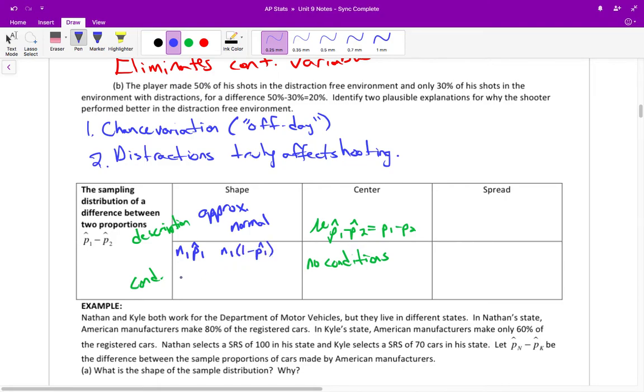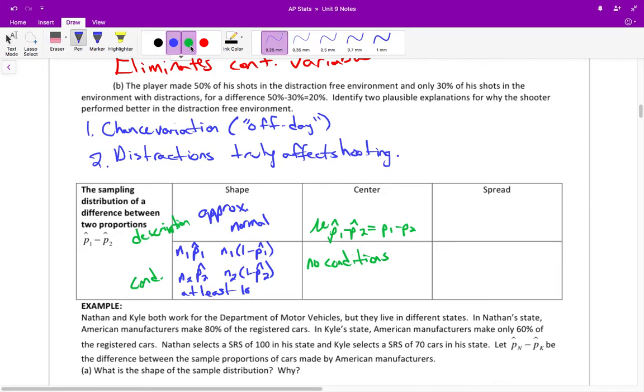Then you do the same thing with the second population: n2 p hat 2 and n2 times 1 minus p hat 2. Every single one of these needs to be at least 10. For a single population, we checked n times p and n times 1 minus p. Because we're working with two different proportions and two different populations, we have to check it twice. All of those need to be at least 10 to be approximately normal.